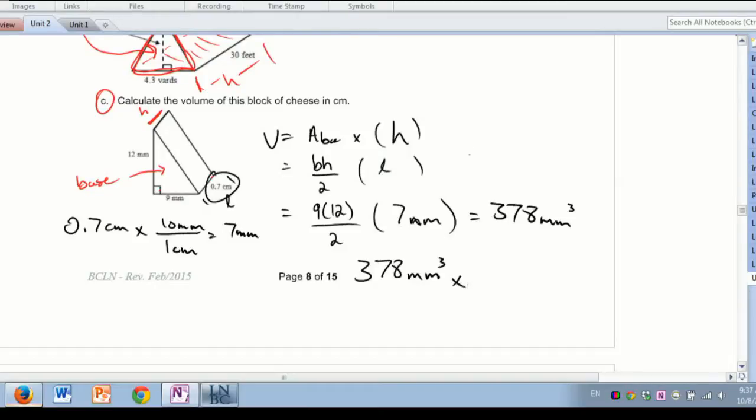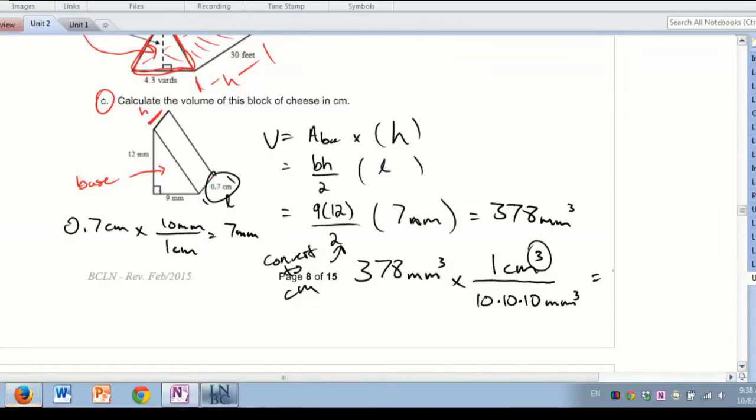And if you would have converted to centimeters at this spot, then you wouldn't have had to do this extra calculation at the end. I know that I have 1 centimeter cubed. You'll notice this cubed here. How many millimeters are in a centimeter? Well, there's 10 millimeters in a centimeter. And then if I cube it, I also have to cube my 10.